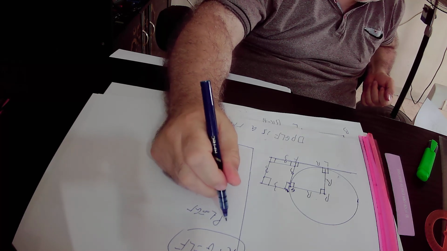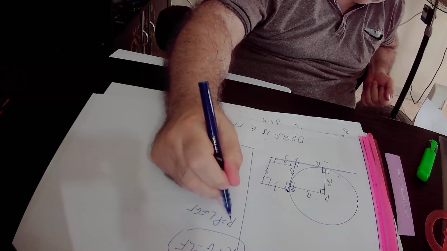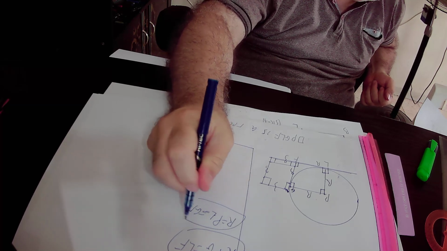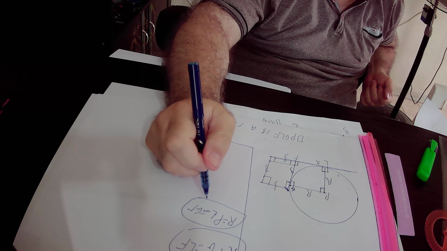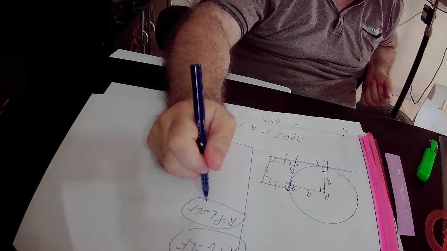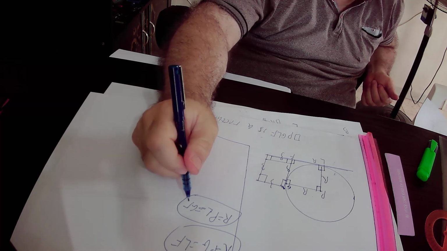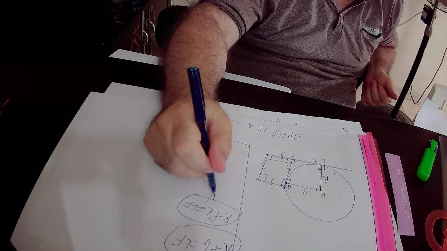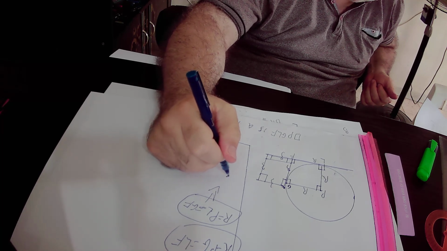But PL equals R, it is the radius of the circle, and from R equals PL equals GF, we derive that GF is also equal to R.